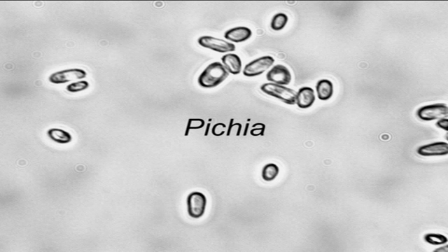Pichia is an aerobic yeast which grows especially in young wines with sufficient oxygen. Other defects of wine include cloudiness and acidity.